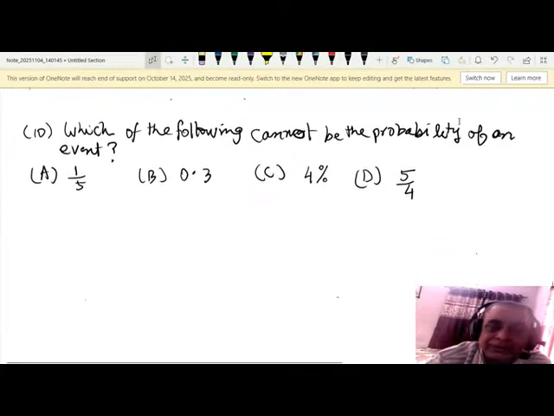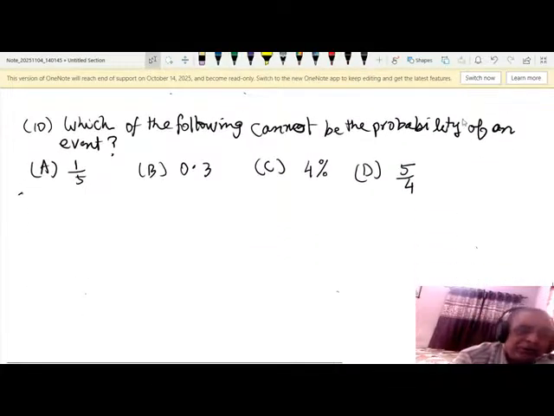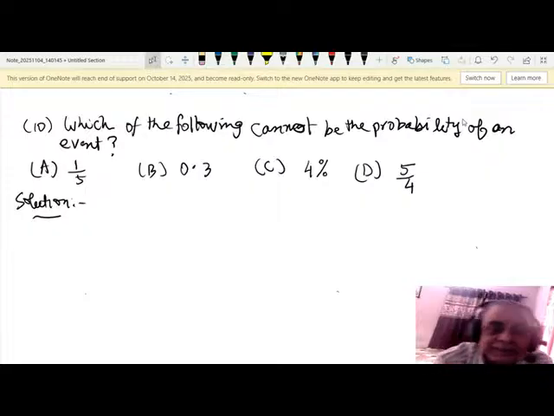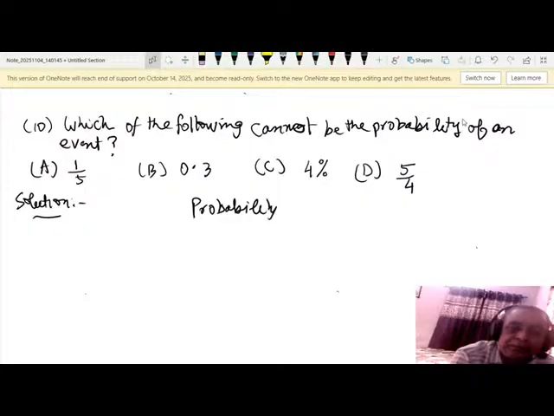Now this is the last question, sum number 10. Now what is the question saying? Which of the following cannot be the probability of an event? Now we know that the probability of an event is always between 0 and 1, including both 0 and 1.